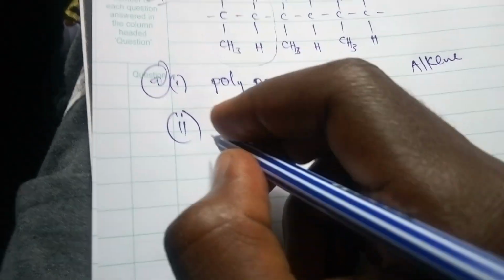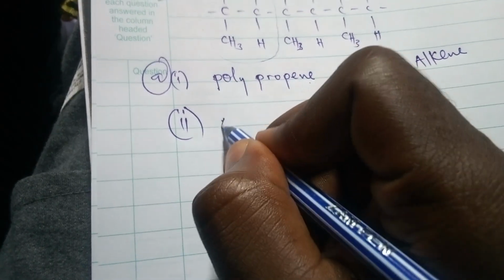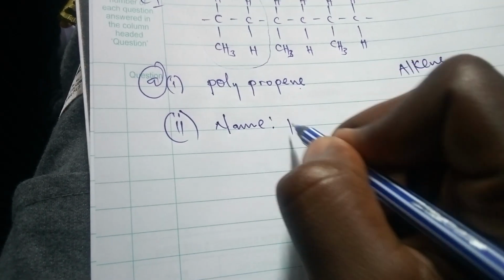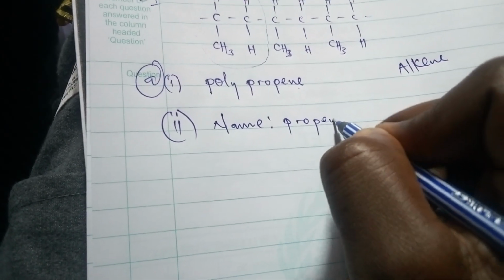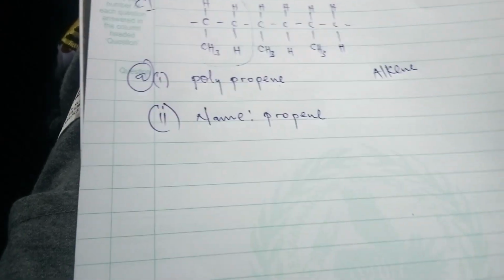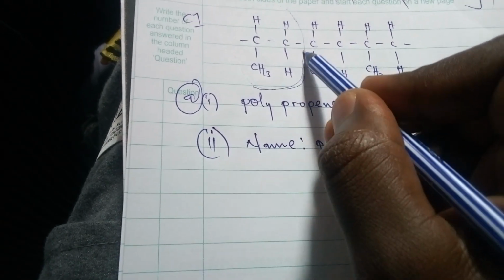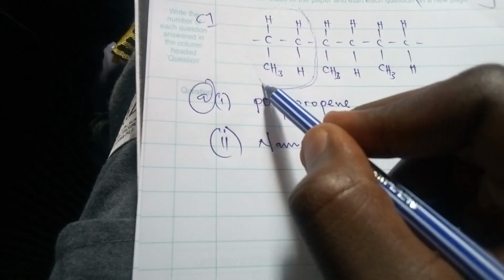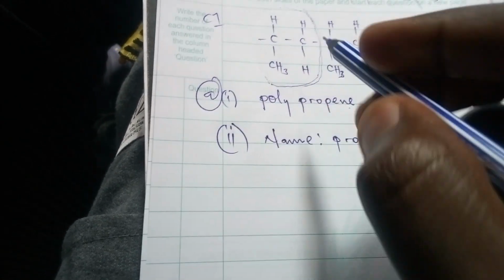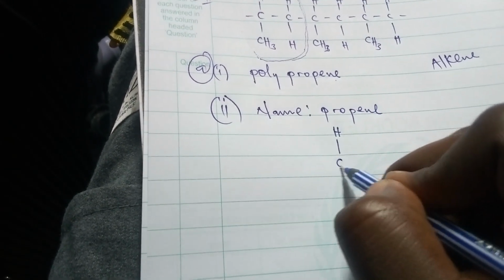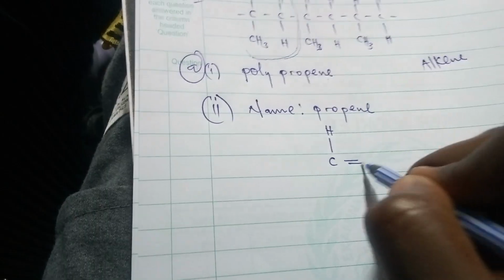The name of the monomer is propene. For the structure, you just extract this part, and the monomer should have the double bond, so that is hydrogen, C double bond.